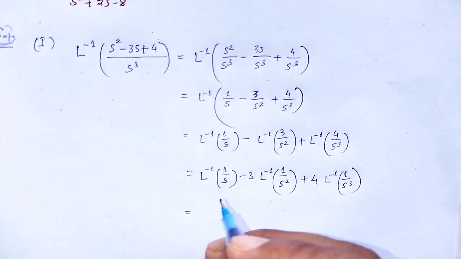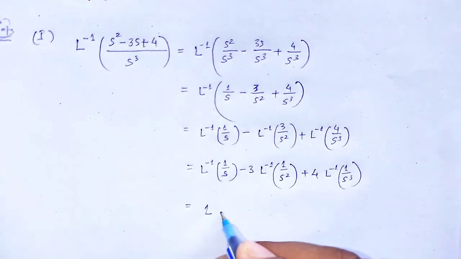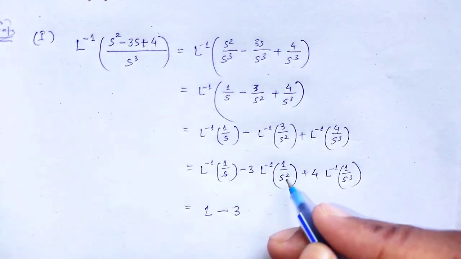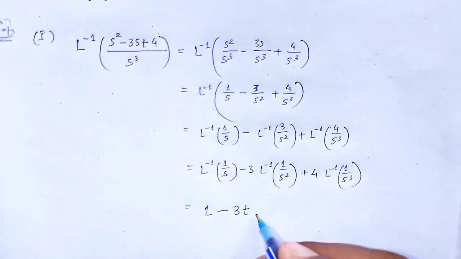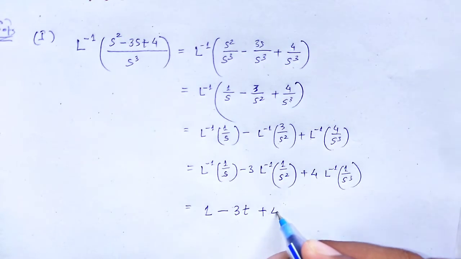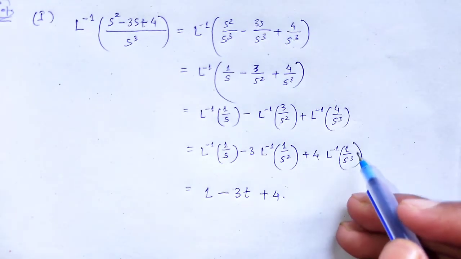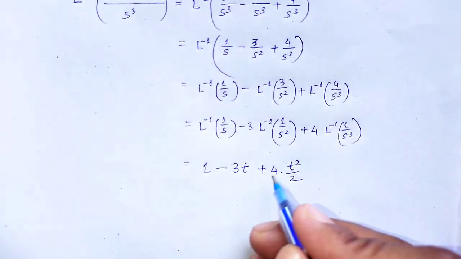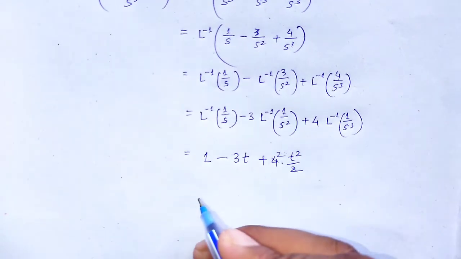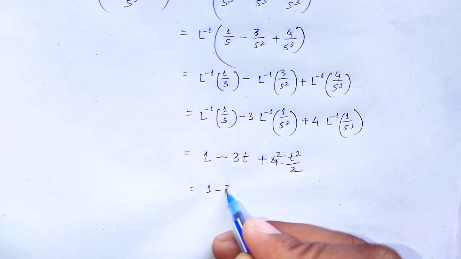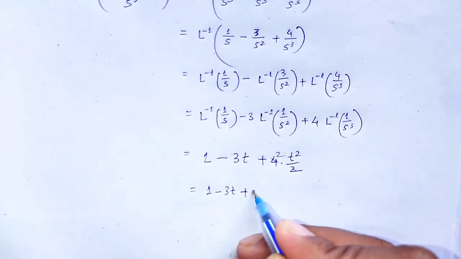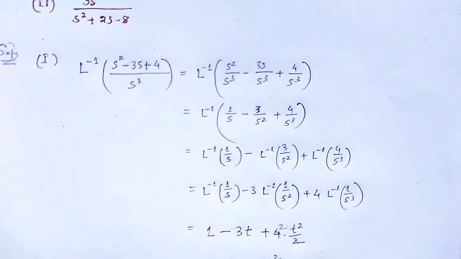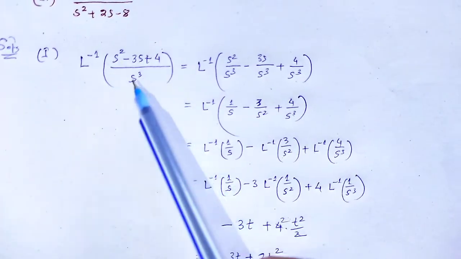Inverse Laplace transform of 1 by s is 1, minus 3 inverse Laplace transform of 1 by s square, that is t, plus 4 inverse Laplace transform of 1 by s cube, that is t square by 2. Then solving it, 1 minus 3t plus 2t square is the answer. This is the inverse Laplace transform of that function.